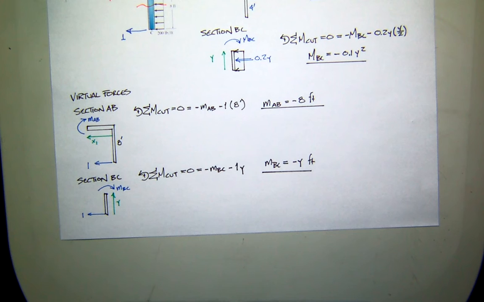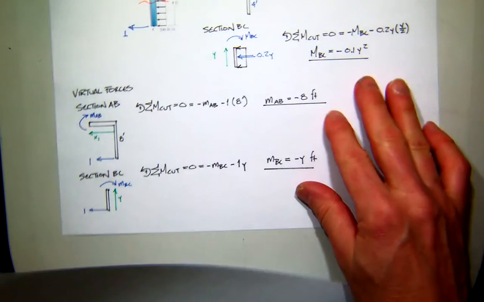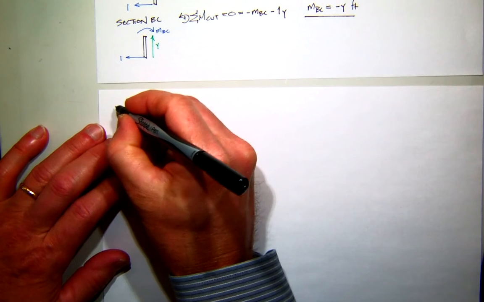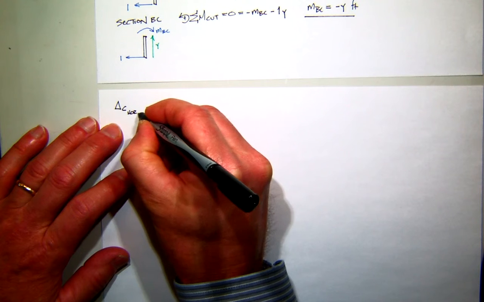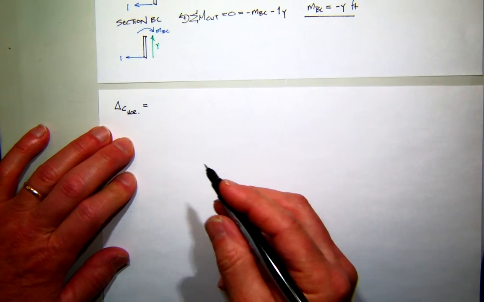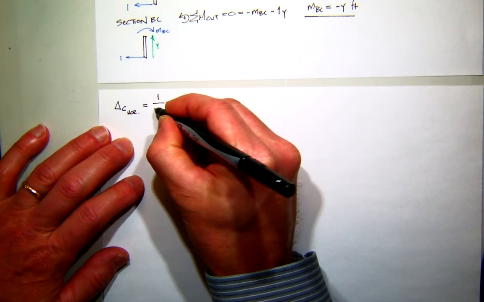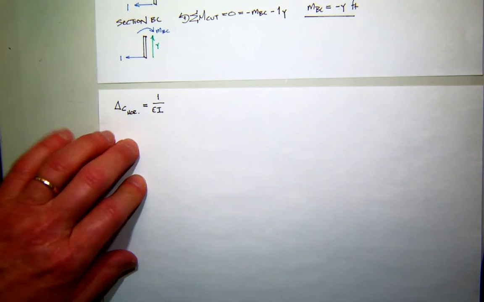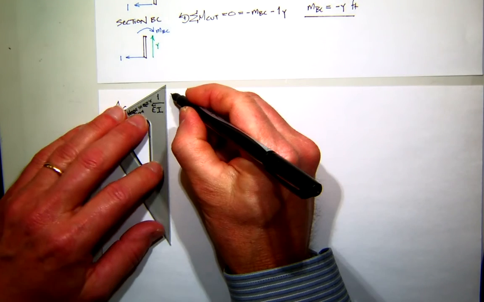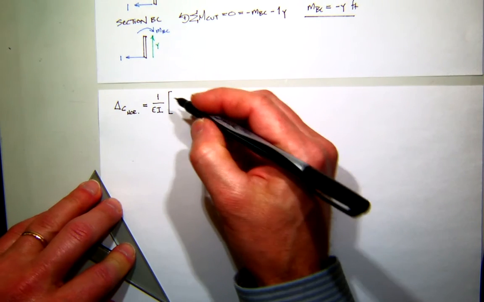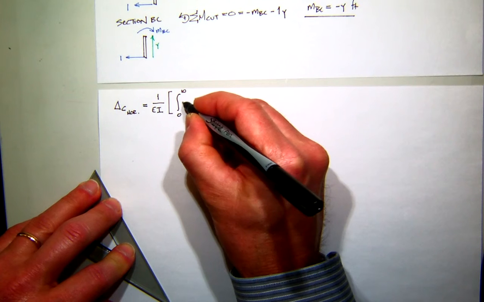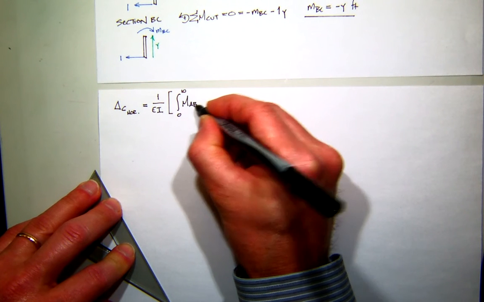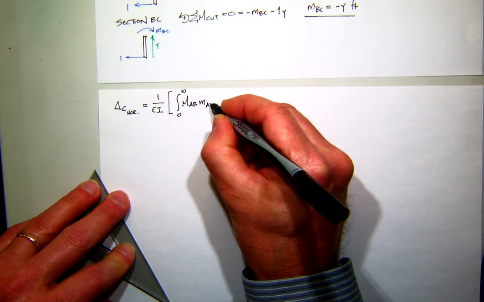So what do we do? Match them together and integrate, right? So I'm going to slide that off the top for a little bit, so we'll have a fresh sheet. So now we know that the displacement at C in the horizontal direction is going to be equal to, first I'll factor out my E and I in the denominator. They're constant for both these problems. And starting with section AB, I'll integrate over that length from 0 to 10, the real moment in AB times the virtual moment in AB.